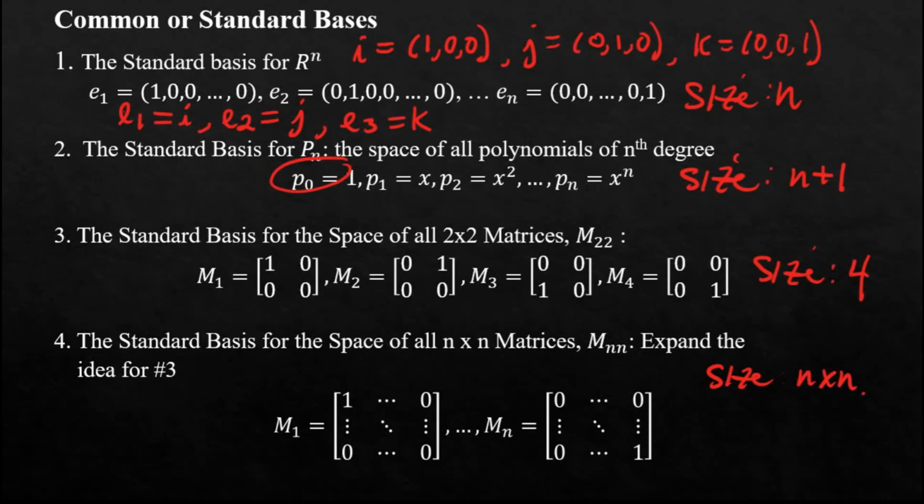And a note on 3 and 4: you can see how the identity matrix basically forms the basis, and so you get exactly what you want.